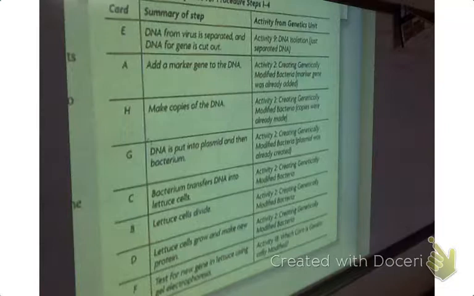So y'all just wrote these down, but number 1 is basically the steps of modification. Again, you take the gene out of a chunk of DNA, and you make copies of that specific chunk of DNA. How do you get that gene into a bacteria or into another organism?